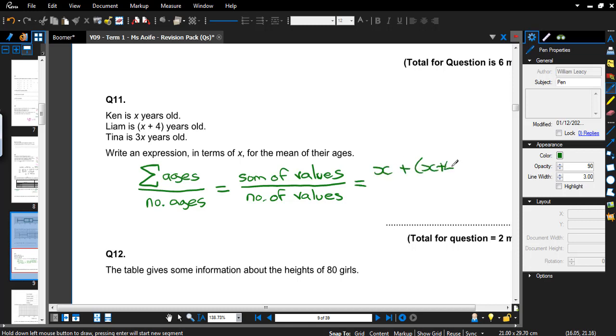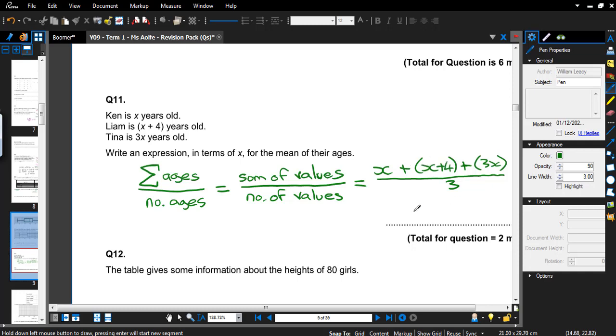I'll put the different ages in brackets so people can see what's going on. 3x. Alrighty. And the number of ages is 3. Alright. So we have x plus... why is this so weird?